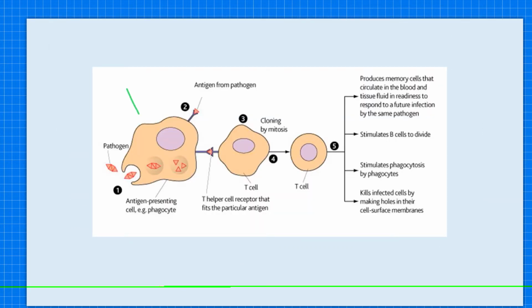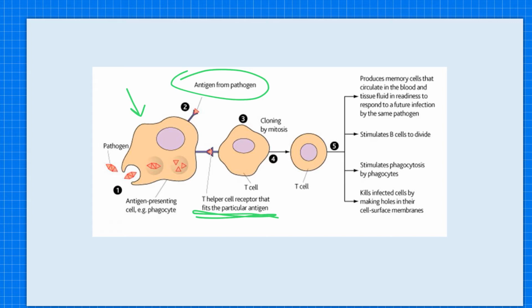Here we have a phagocyte, and the phagocyte is presenting the antigen, and then the T helper cell receptor fits that particular antigen, and then it can clone by mitosis to produce lots of different T cells.